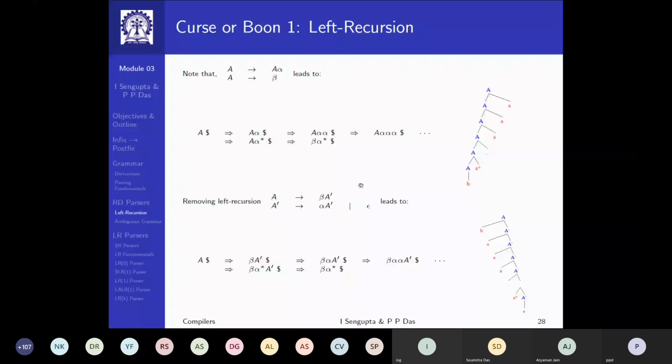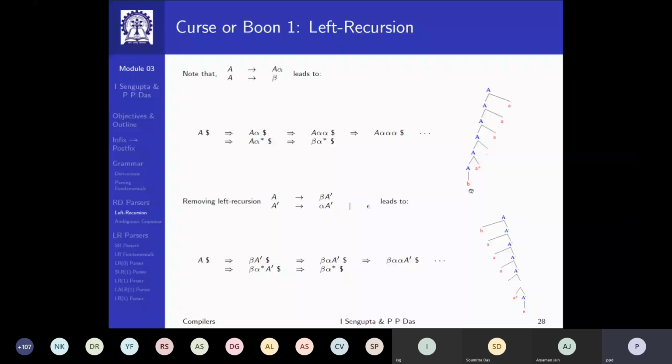If you look at the tree here, I have used a drawing tool for this parse tree which does not allow me to write Greek letters. So what I write as small a means alpha, and what I write as small b means beta.